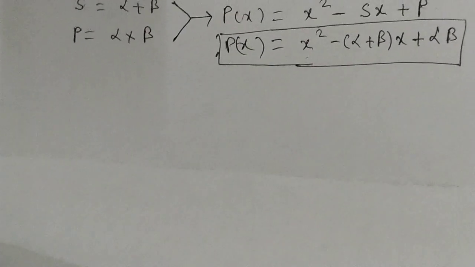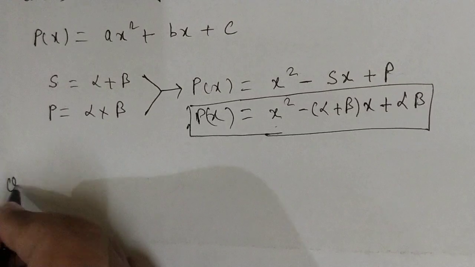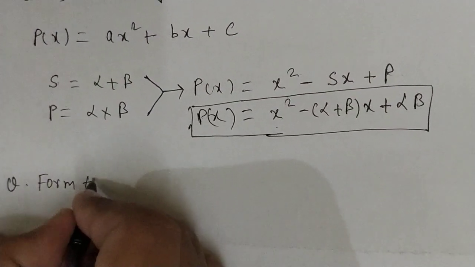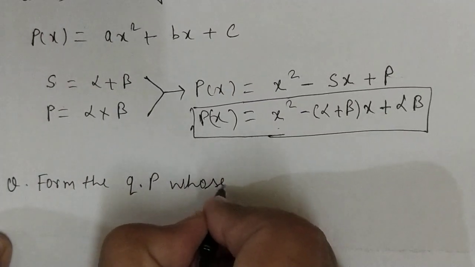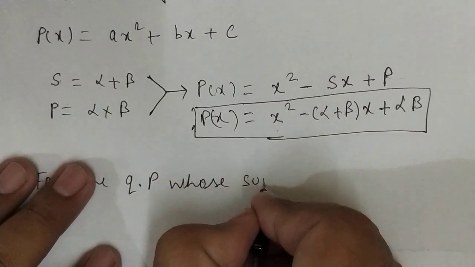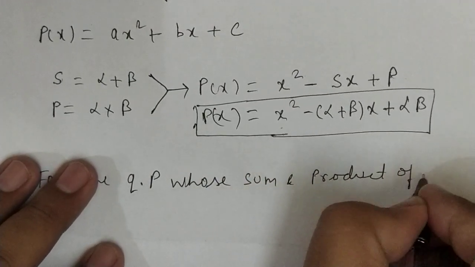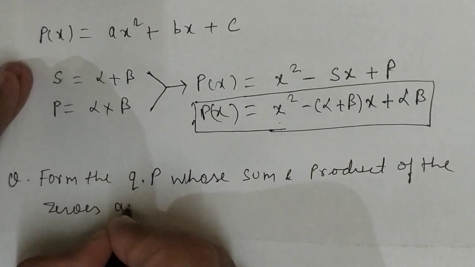Now we will be doing some questions based on this. Question number 1: form the quadratic polynomial whose sum and product of the zeros are given.